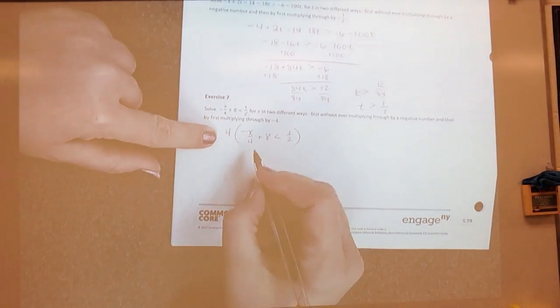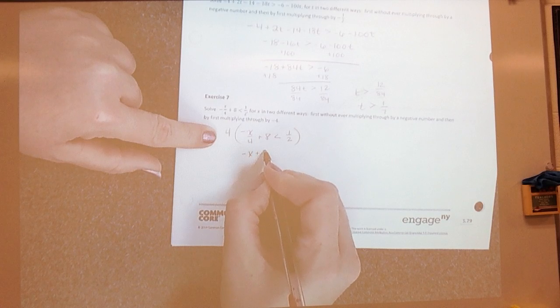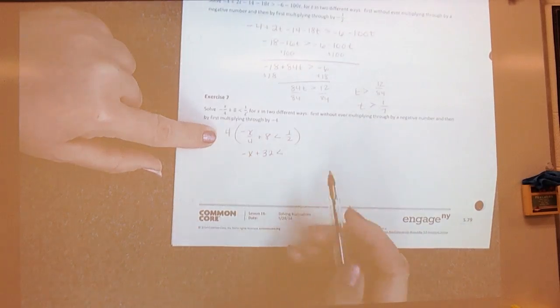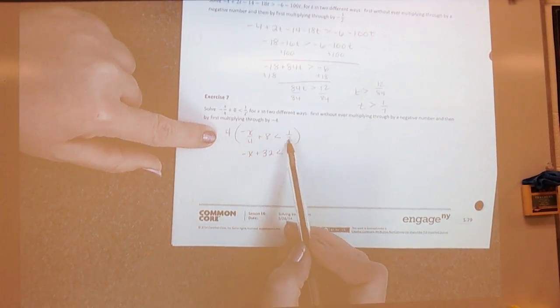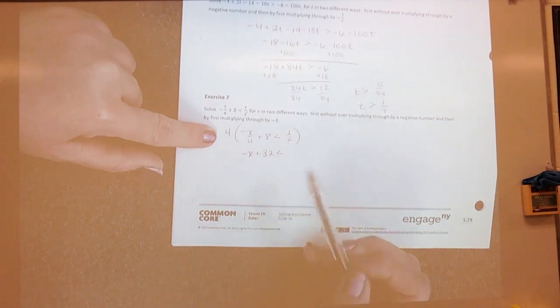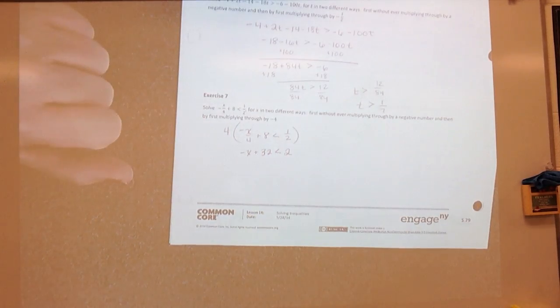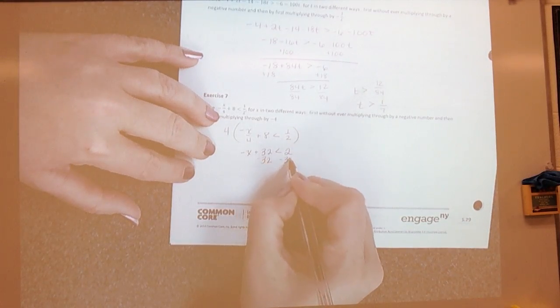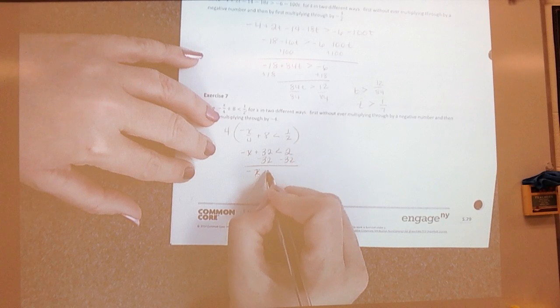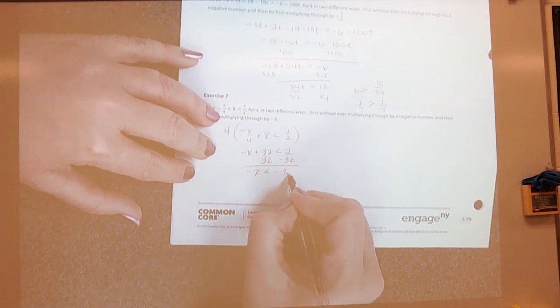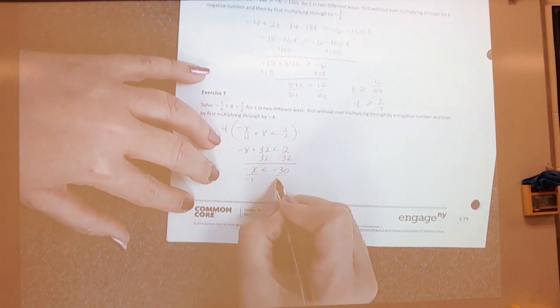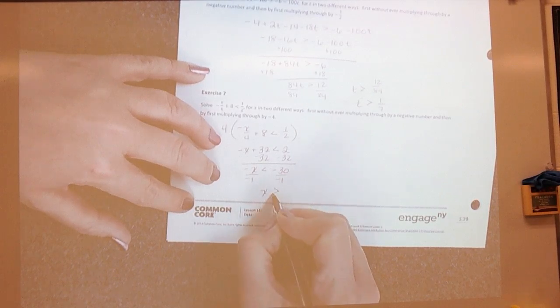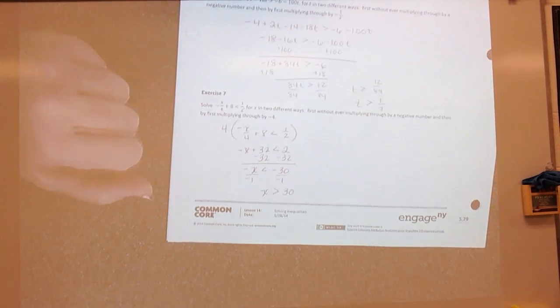When I do that, I get negative x plus 32 is less than, 2 goes into 4 2 times, 2 times 1 is 2. All right, now I can solve. Subtract 32. Negative x is less than negative 30. I have to divide by negative 1, so x is greater than 30.